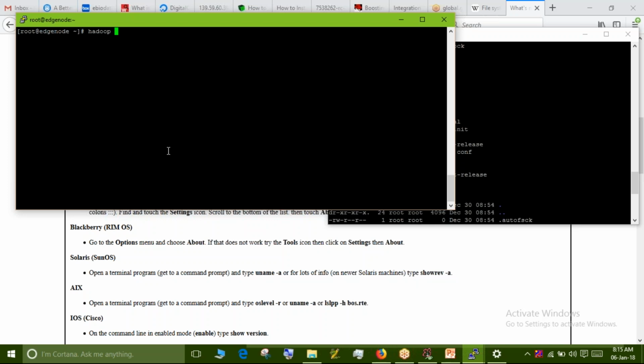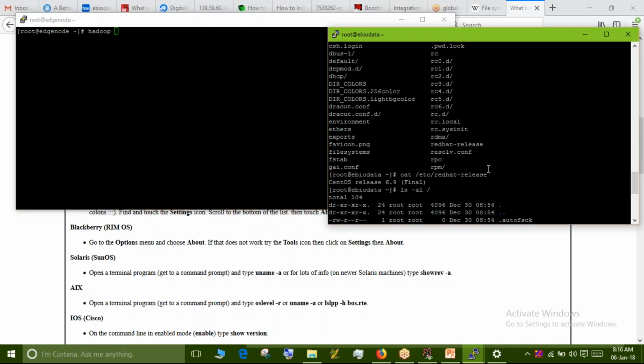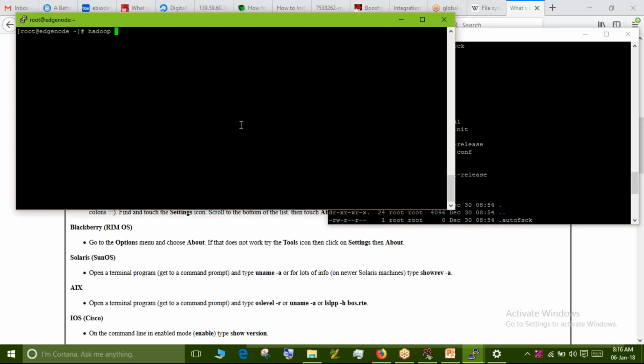Though we have 7 systems or 70 systems or 700 systems, all put together is only one storage. One storage will have one file system. So how many file systems will Hadoop have? One file system only. Like how your CentOS has got one file system, Hadoop also will have one file system.